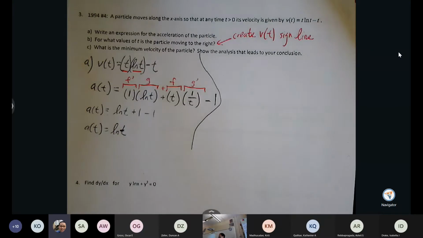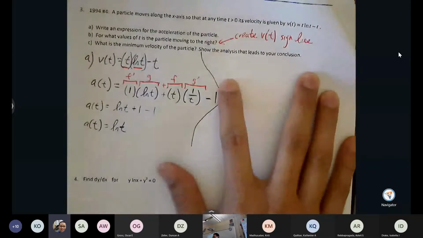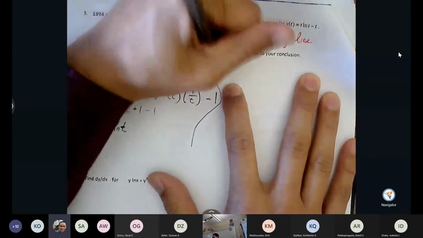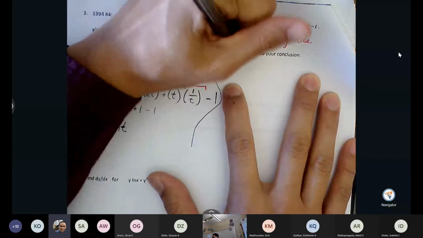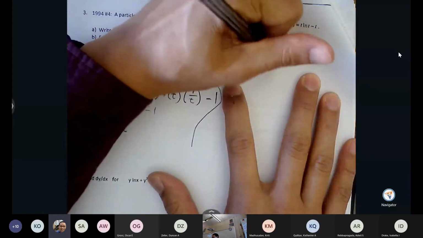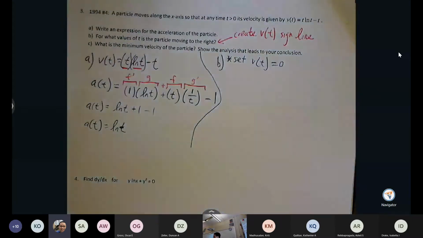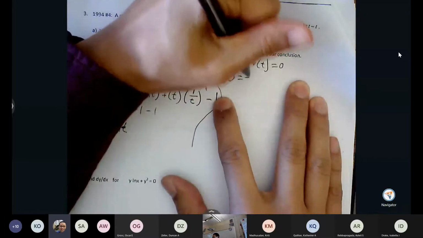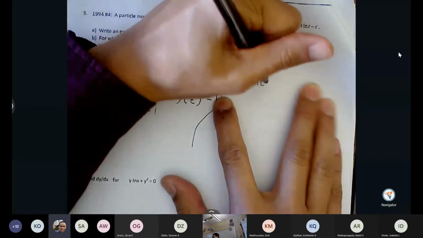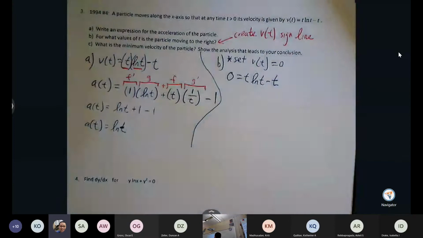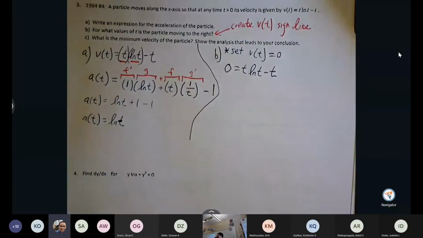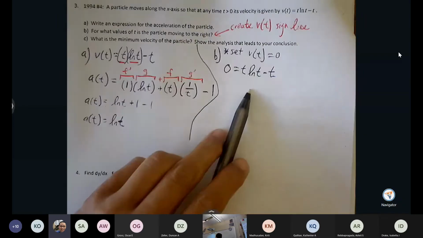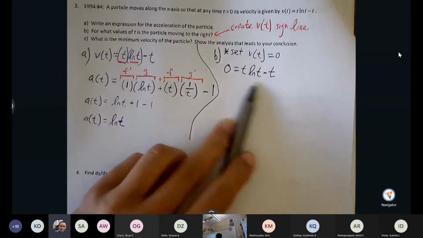Those are the values that are going to anchor our sign line. What would you do next?